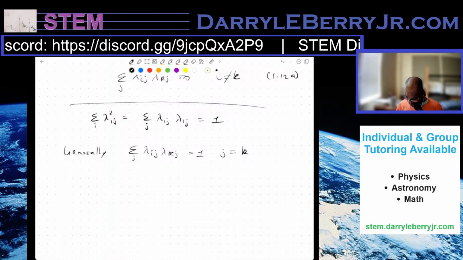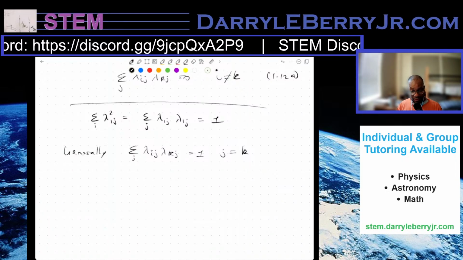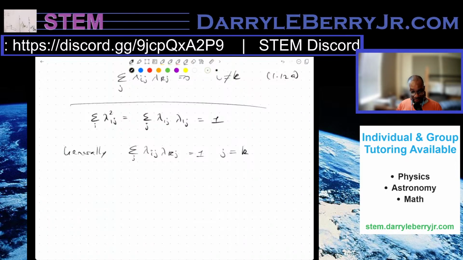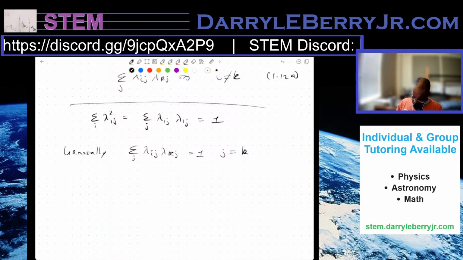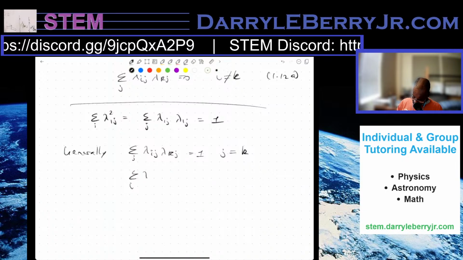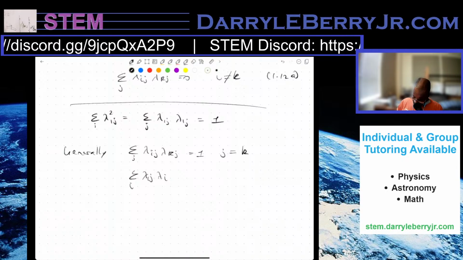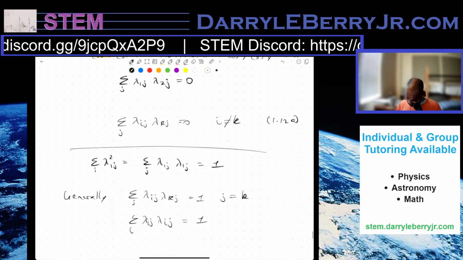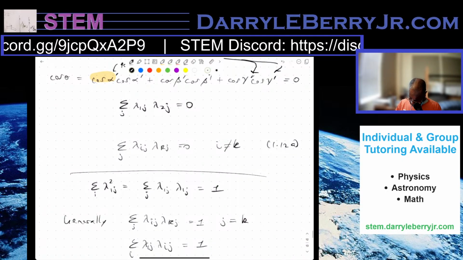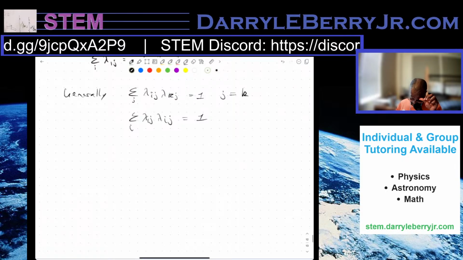So this is basically the Kronecker delta in a different form, I guess. If it's the same index, the sum equals 1.